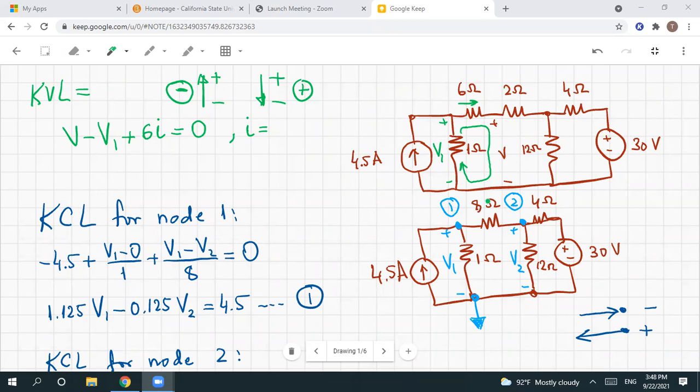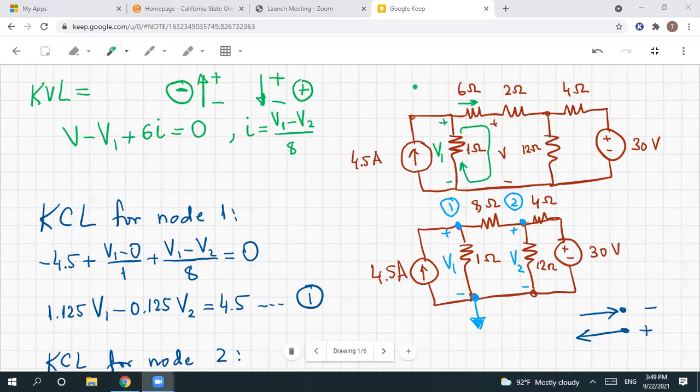So this point is 1 and this point is 2, so it will be V1 minus V2 over the resistance, which is 8 ohm, right? Let me double check.